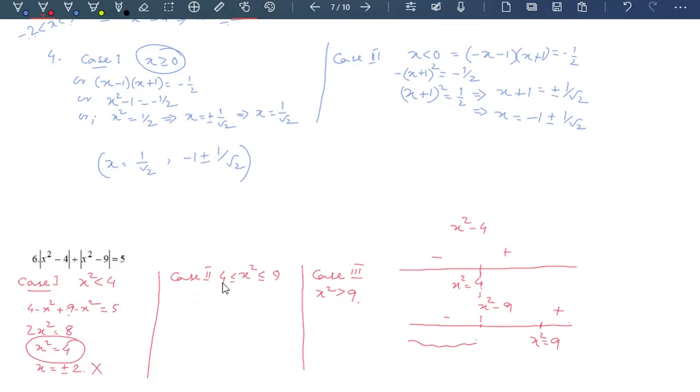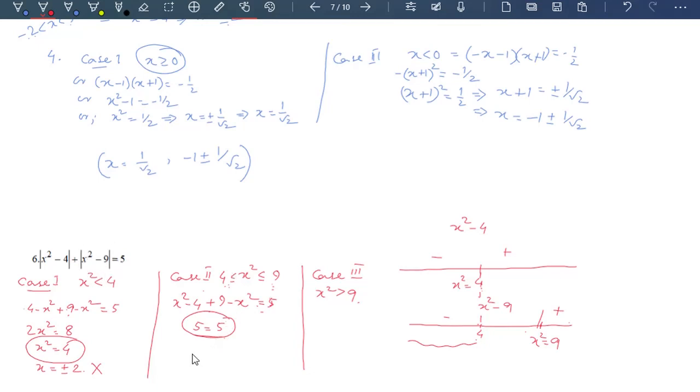When x square lies between 4 to 9, 4 and 9 included, at this stage don't confuse, because both the sides are equal, so all the values of x square lying between 4 to 9 will satisfy this equation.